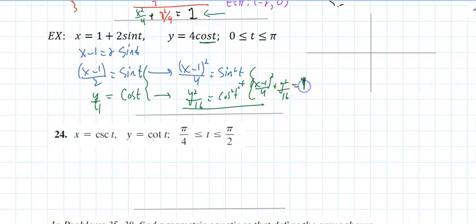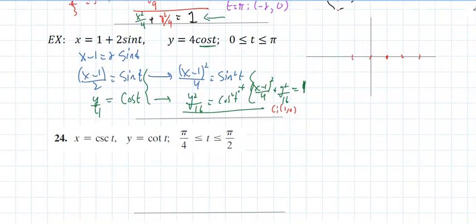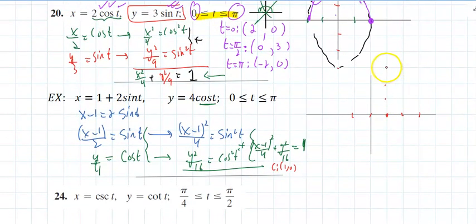and this would be another ellipse, I am going to be stretching. The center is at 1, 0. I'm going to be moving 2 in the x and 4 in the y. So the ellipse looks like this.